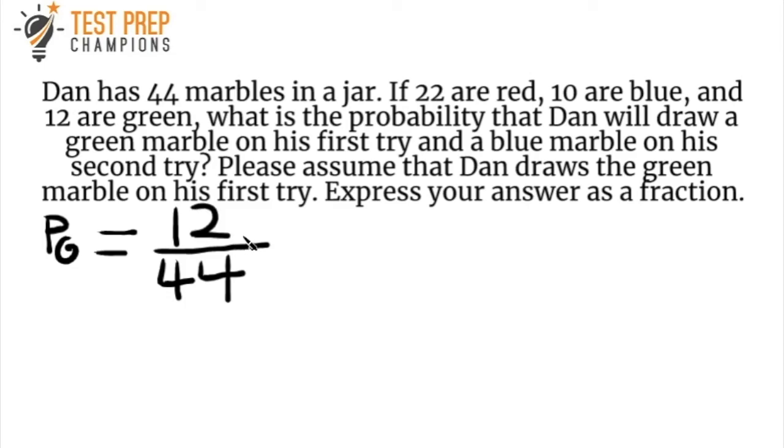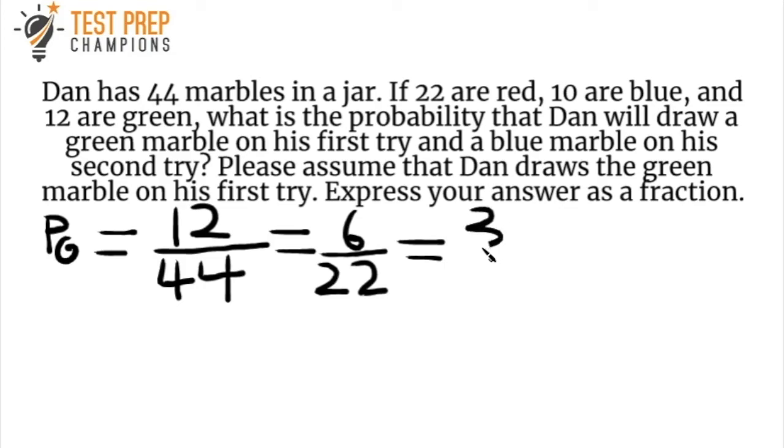Okay, so let's put this in simplest form. And again, you can do that in your calculator, or you could do the simple way. We could just divide both numbers by 2. So what's 12 divided by 2? That gives us 6. What's 44 divided by 2? That gives us 22. And you might say, well, we could do that same thing again. What's 6 divided by 2? 6 divided by 2 is 3, and 22 divided by 2 is 11.